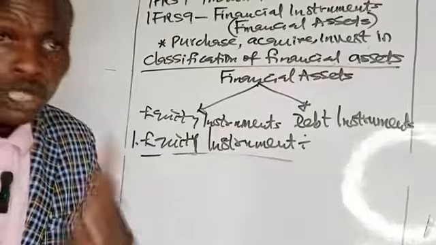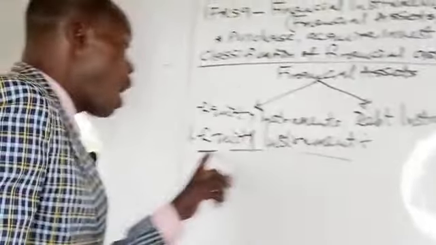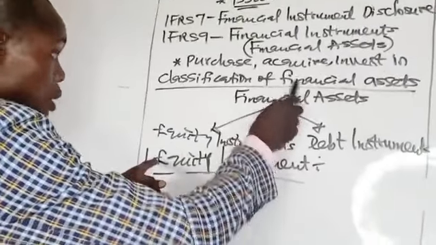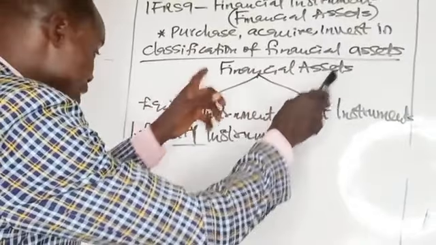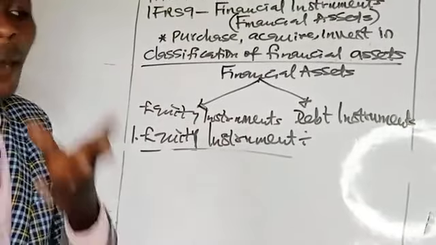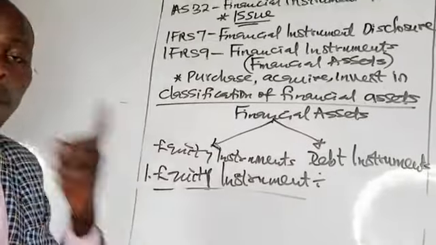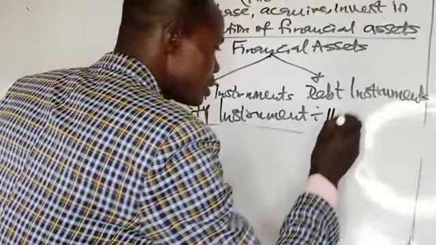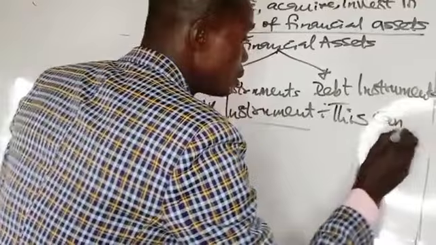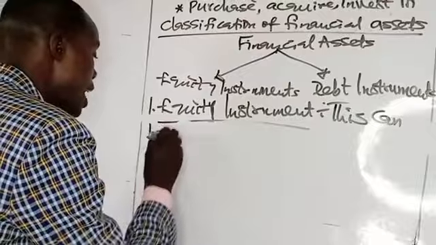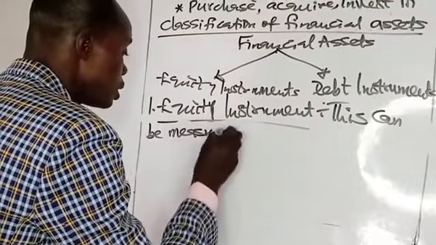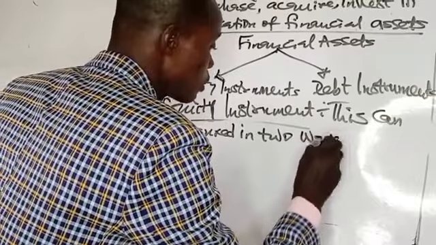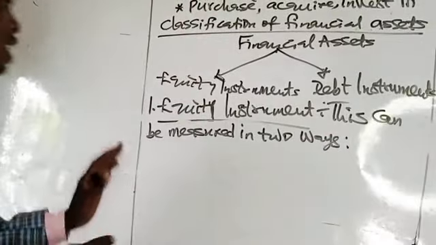Remember, this equity instrument, we are particular about financial assets. Equity financial assets can be measured in two ways.